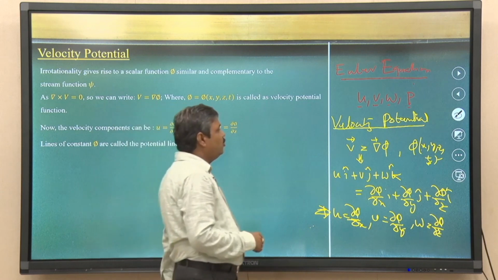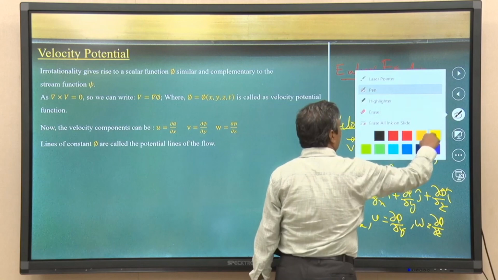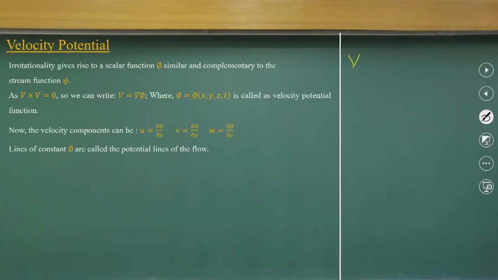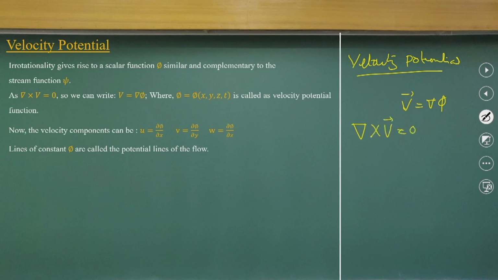If you look at the very basic components, for the velocity potential, v equal to grad phi, the gradient of a scalar, will be justified. Or the reverse is also true: when you have v equal to grad phi, the curl of the gradient of a scalar is 0. The other way around, the cross product between del and v is equal to 0.